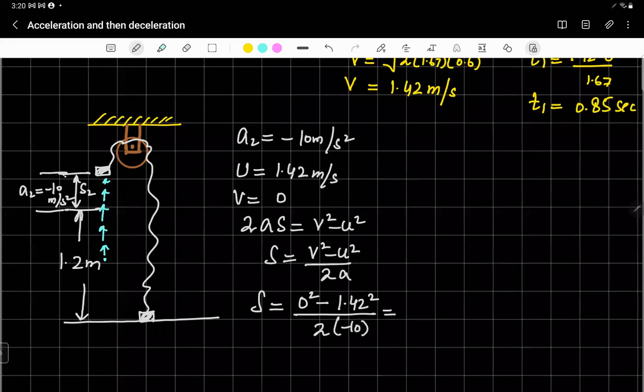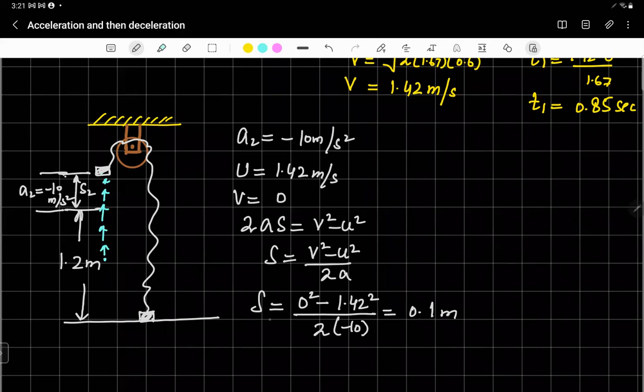What is the answer of this calculation? Yes, 0.1. 0.10082, we call it 0.1 meter.